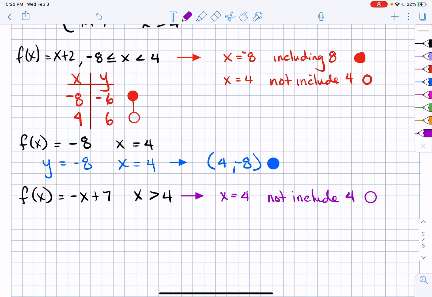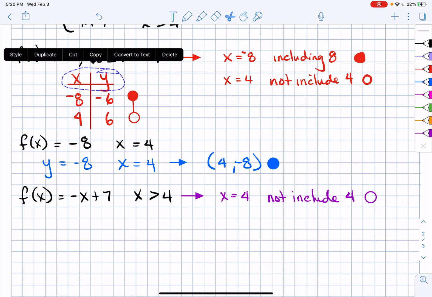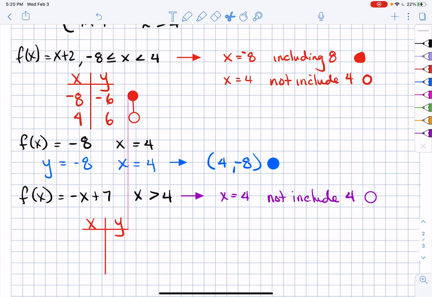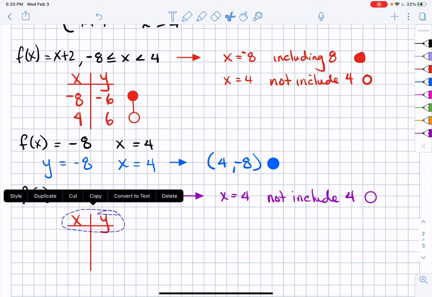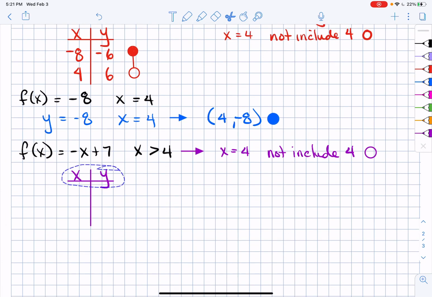So if I was to plug in the 4 here for x, what is my y value? Well, negative 4 plus 7 would give me a 3. So at 4, 3, this is going to be an open circle.